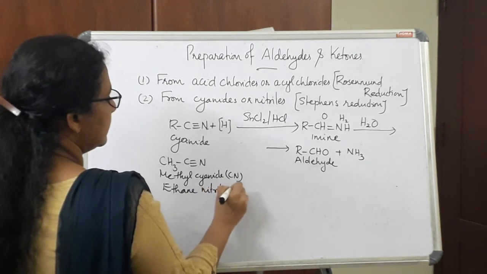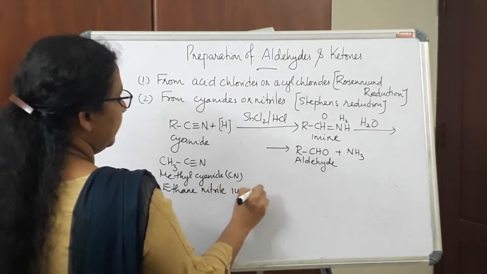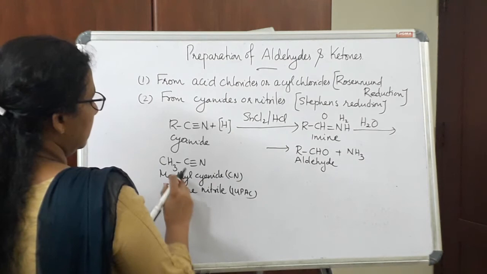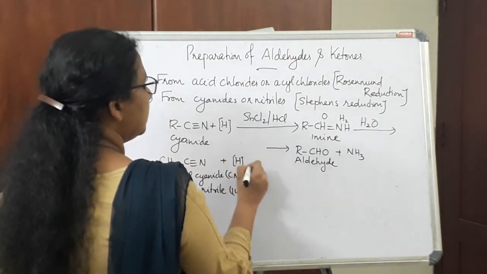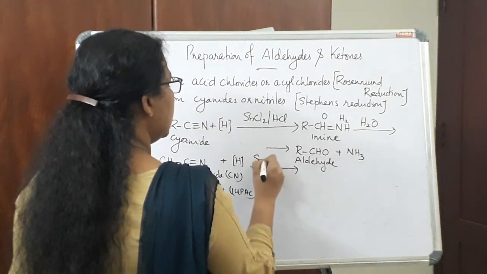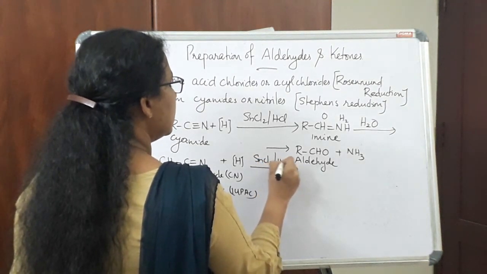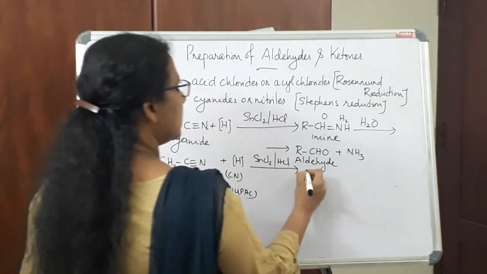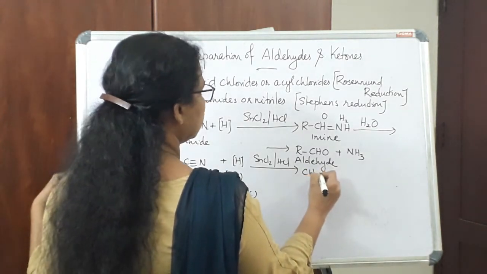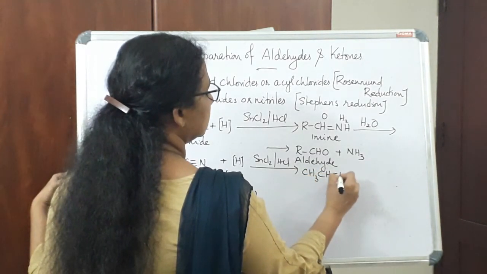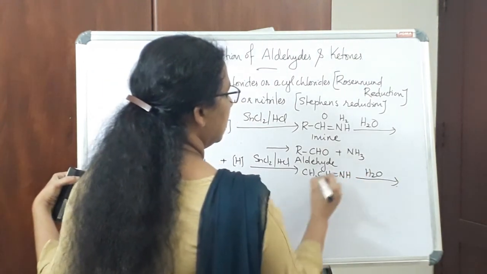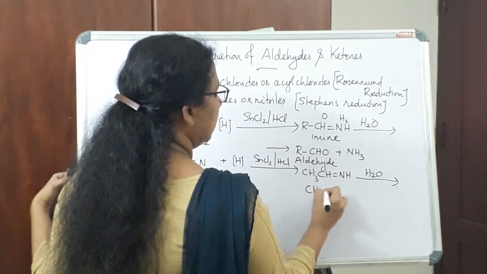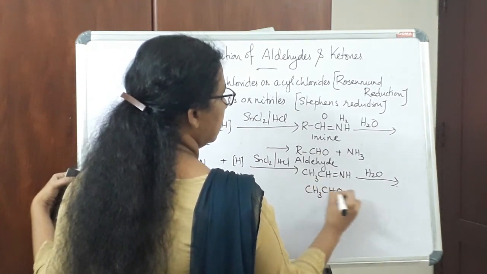This ethane nitrile on reduction in presence of stannous chloride and HCl produces the corresponding imine, which on hydrolysis gives the corresponding aldehyde.